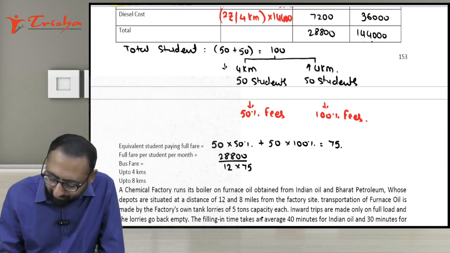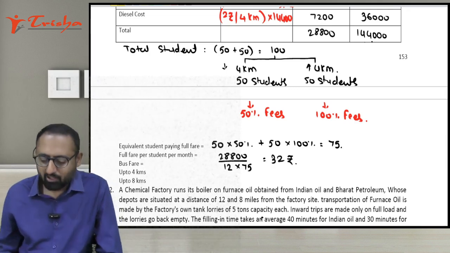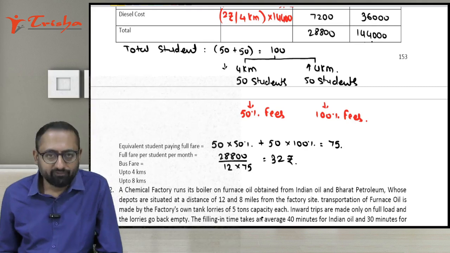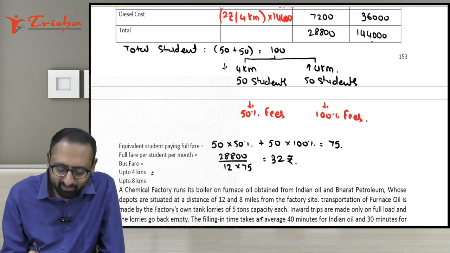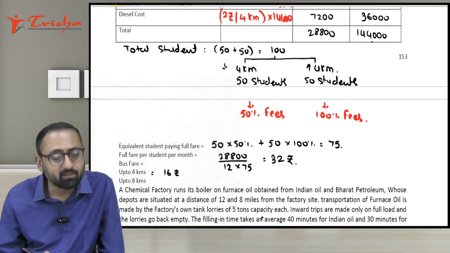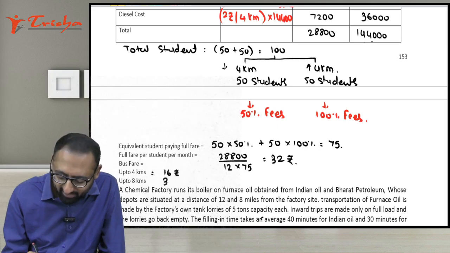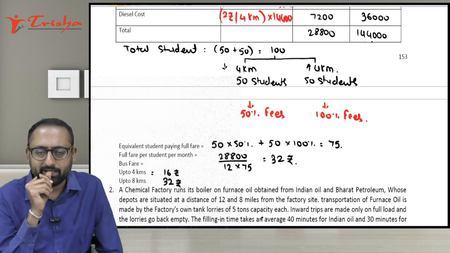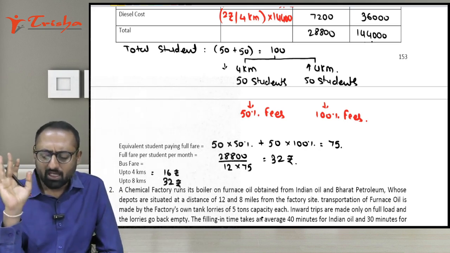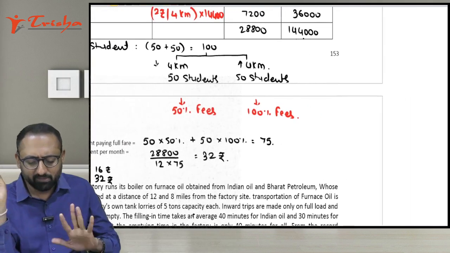So the full fare is rupees 32. Now the fees for the students coming within 4 kilometers from the school will be half, that is 16 rupees per month, and the students coming beyond 4 kilometers from the school will pay full fare, that is 32 rupees per month. Right, guys? I'll cross check that. Don't worry at all. If you are not getting that, I'll cross check that immediately.